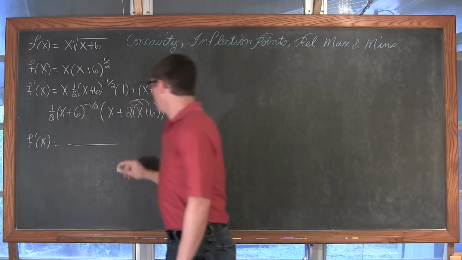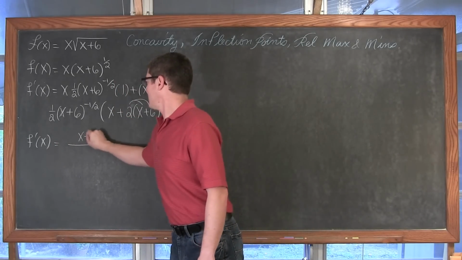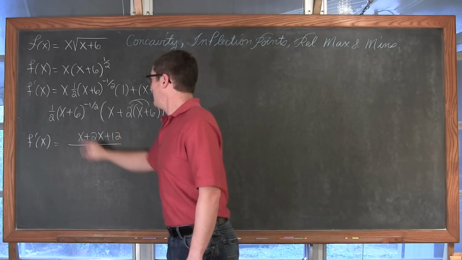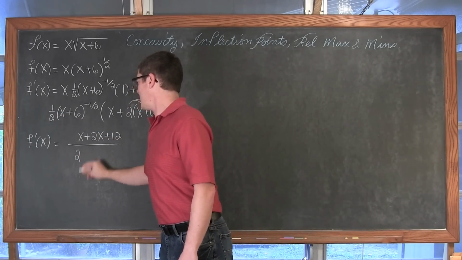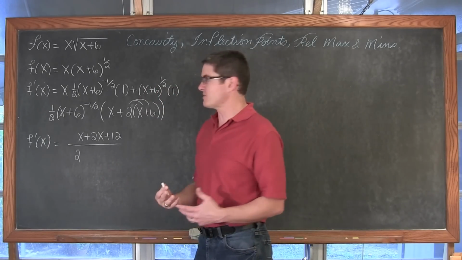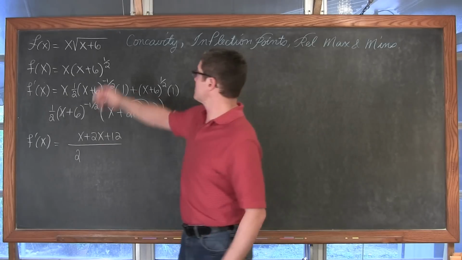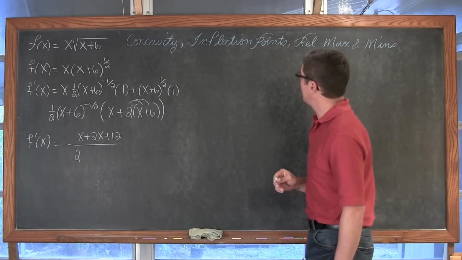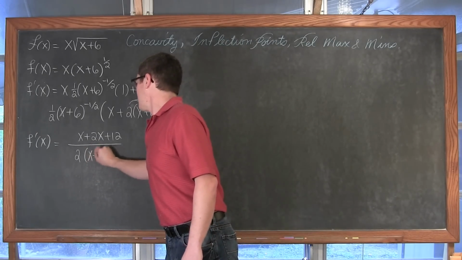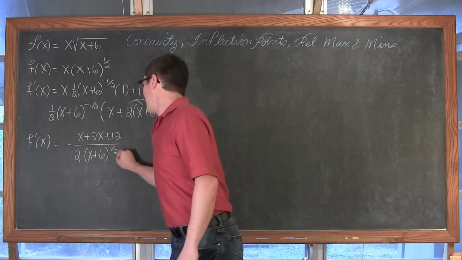equal to, all right, so we got x plus 2x, just showing all the steps, times 6, which is 12. On the bottom we have 2 times, well, I would write the square root of x plus 6 if I knew I was done, but I want to take one more step and find the second derivative for the concavity and the inflection point, so I'm going to leave it as x plus 6 to the 1/2 power in the denominator.